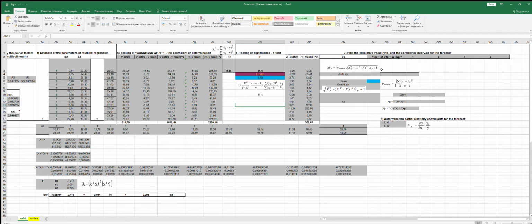So we defined our predicted value of y. First of all, we need to write our multiple model in an expression like this.